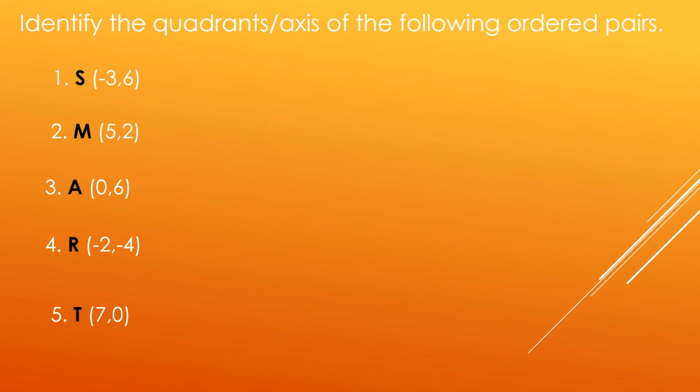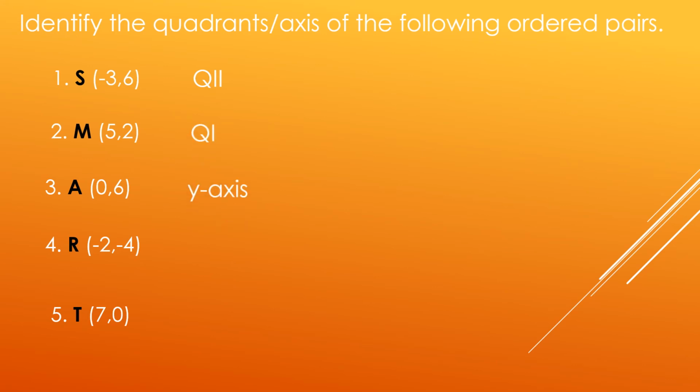Now, I want you to identify the quadrants or axes of the following ordered pairs. Number 1, S, negative 3, 6. Number 2, point M, 5, 2. Number 3, point A, 0, 6. Number 4, R, negative 2, negative 4. And number 5, T, 7, 0. Okay, so number 1, that is in quadrant 2. Number 2, that is quadrant 1.